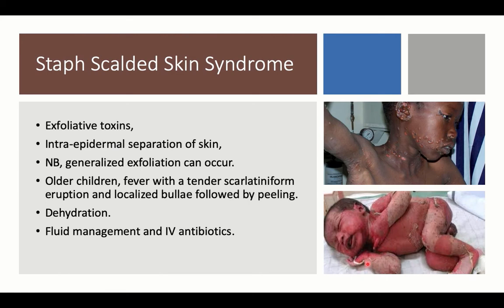Look at the generalized peeling of skin due to intraepidermal separation, with the generalized erythroderma associated with the staphylococcal syndrome. In older children, this can appear as tender eruptions like this with localized bullae, followed by peeling later on.